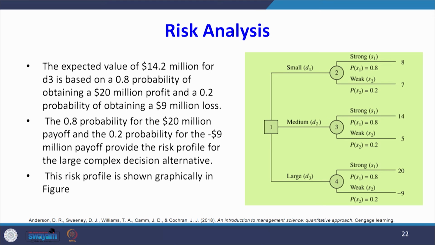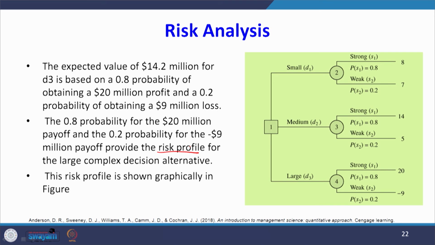The 0.8 probability for the $20 million payoff and 0.2 probability for the minus $9 million payoff provide the risk profile for the large complex decision alternative.